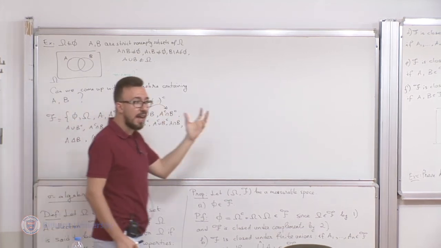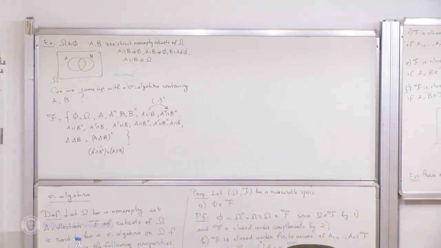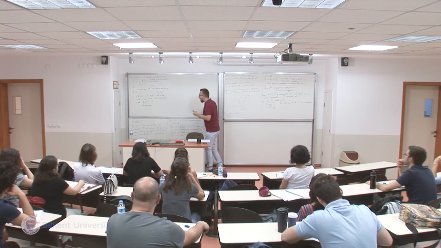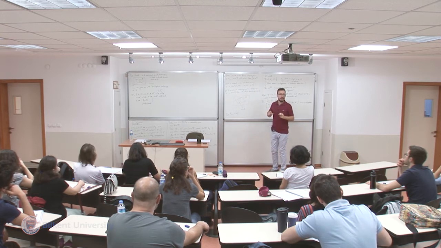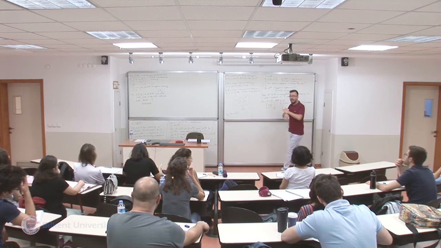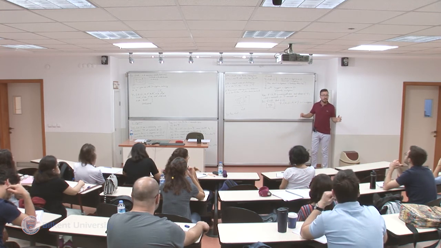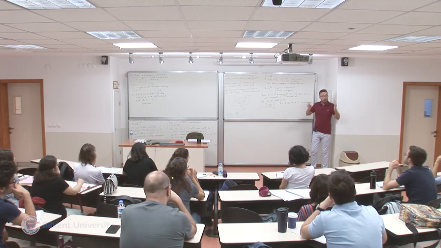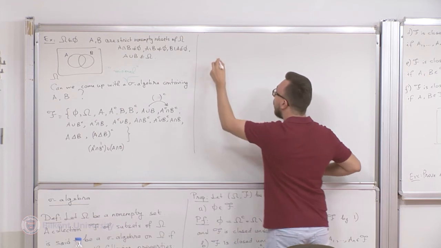I just want to take data and create information starting with this data. That's why those sigma algebras are important, and that's why now we're going to introduce a concept called generated sigma algebra. So we're going to start with an arbitrary collection of events and ask the question, hey, what's the smallest sigma algebra that contains all these events in my data list?